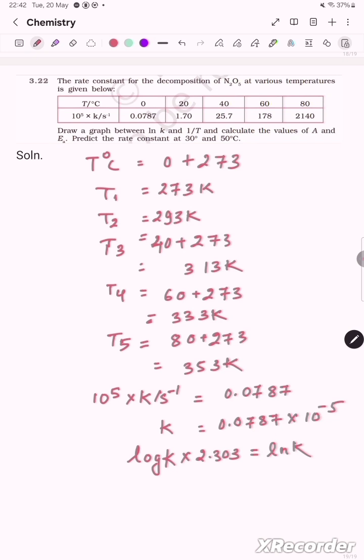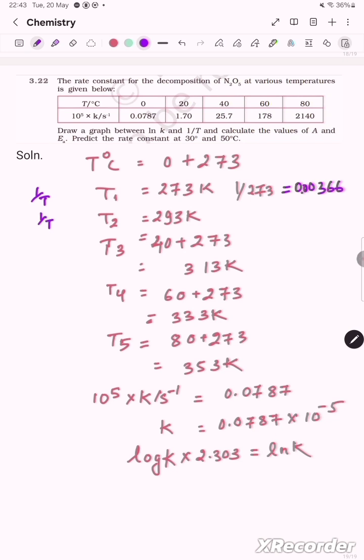T1 is 273 Kelvin, so after inverting, 1 by 273 is equal to 0.00366. Now this is the value of 1 by T.